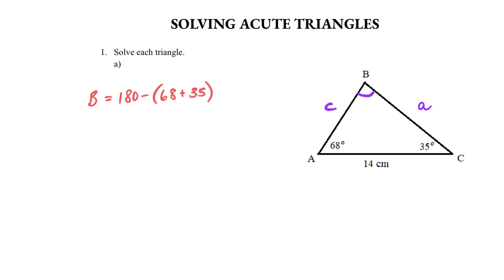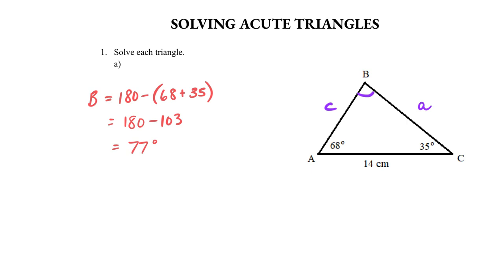So angle B has to be 180 minus the sum of the other two. That's a 90, 103. And that's going to give us 77 degrees for angle B. I would expect to see all of that information written out. All of it. It doesn't cost you much time. It's a good habit to get into.